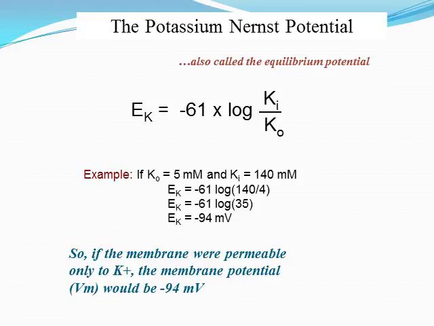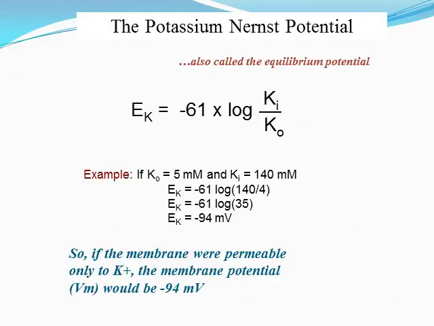And so if we can calculate, knowing how much potassium is inside the cell versus outside the cell, we can calculate the Nernst potential, or the electrical contribution to these gradients that is provided by potassium. And so when we do this, we get about negative 94 millivolts. So if a cell is only permeable to potassium, then the membrane potential would be negative 94 millivolts.